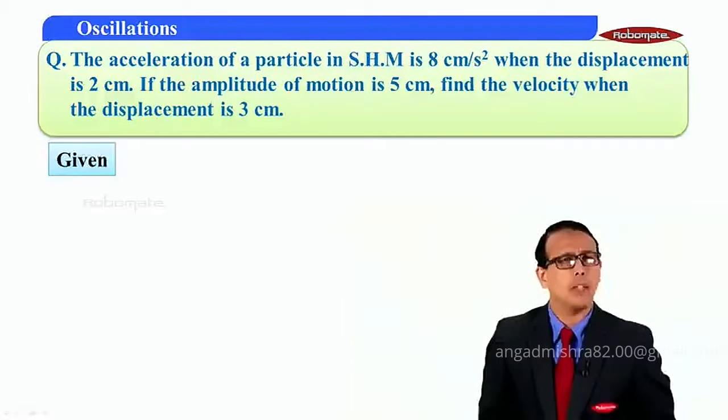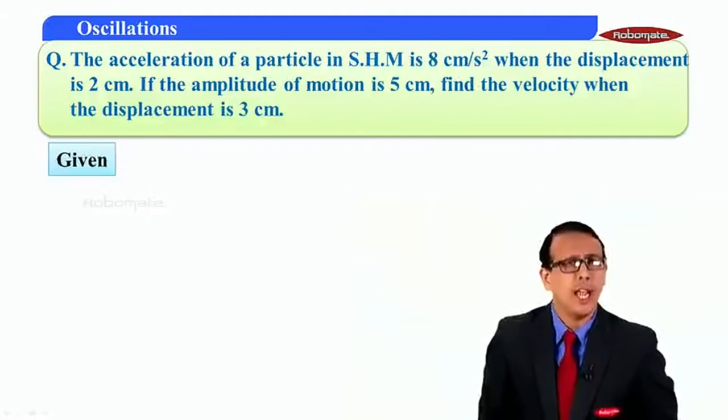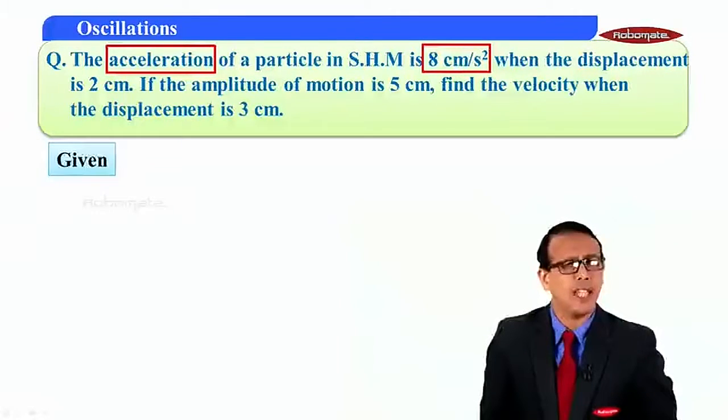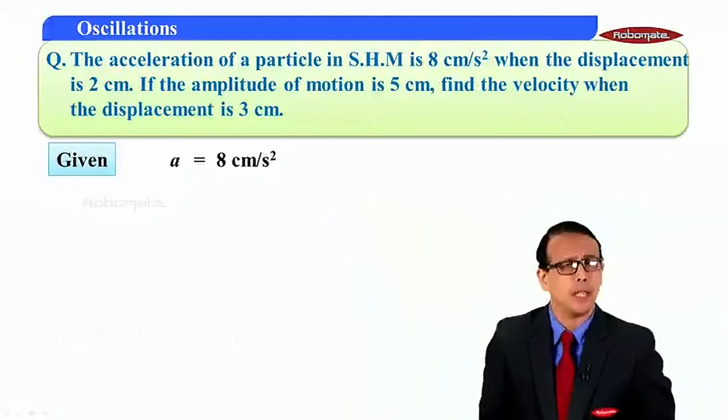So let's start with given, students. As you can see, acceleration is 8 cm per second square. When the displacement is 2 cm, the value of x is given to us as 2 cm.